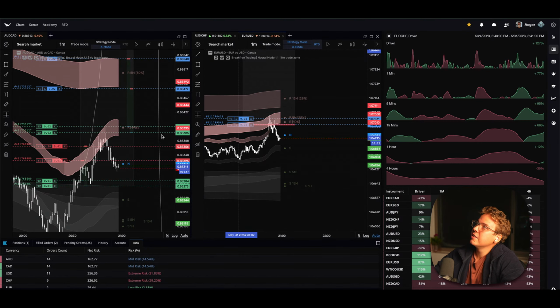For some people it's a very high price to pay, but for other people it's a tiny amount of money compared to how much they will make with Neural Mode. So I'm trying to figure out exactly how to price this going forward in the best way possible.